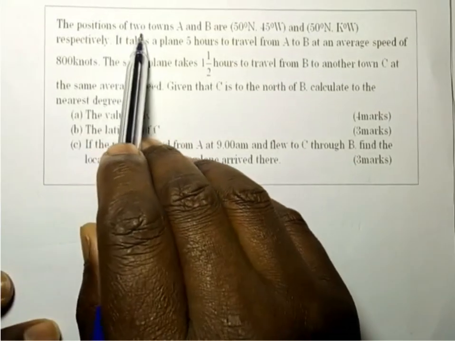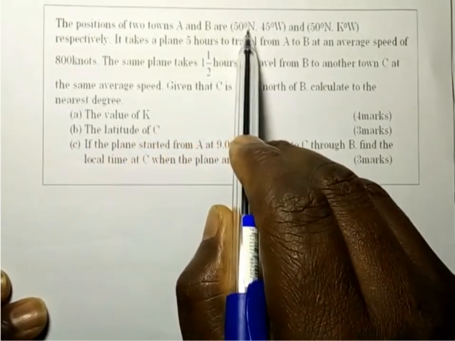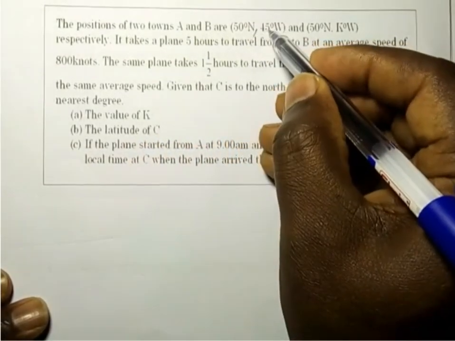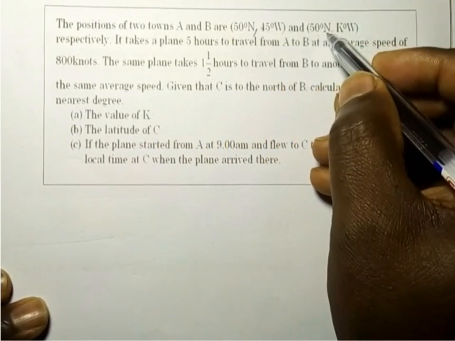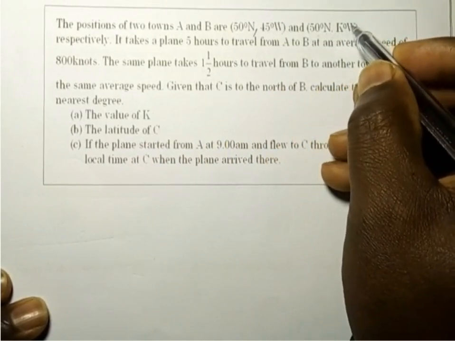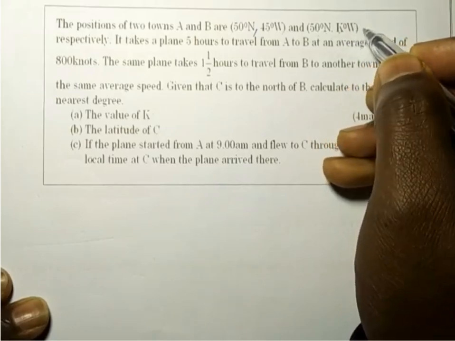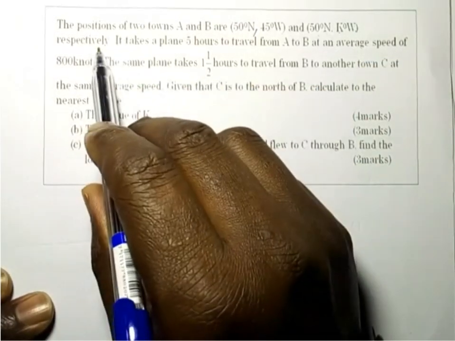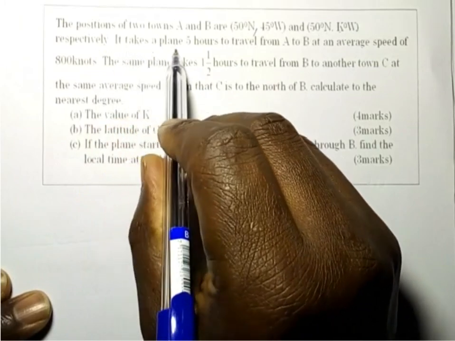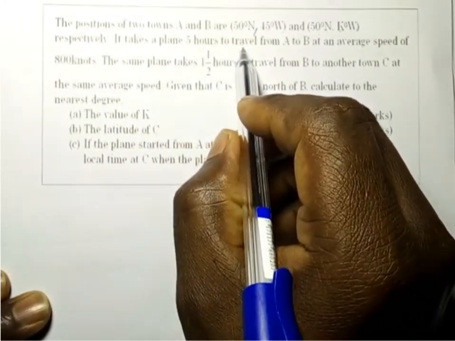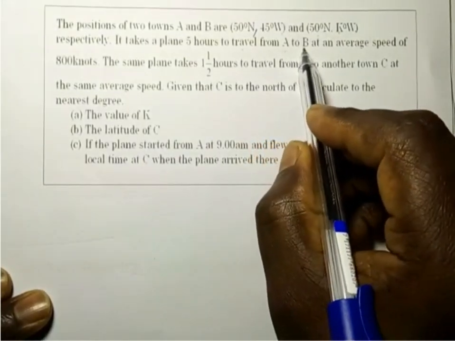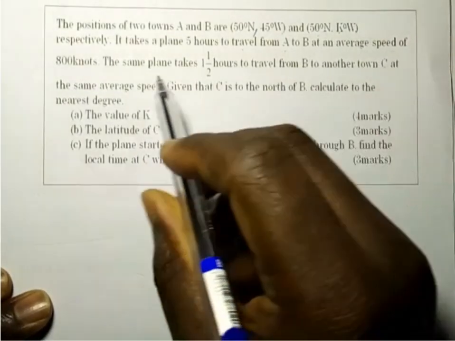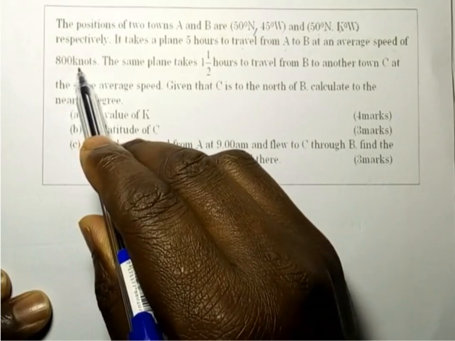The positions of two towns A and B are 50 degrees north, 45 degrees west, and 50 degrees north, K degrees west, respectively. It takes a plane 5 hours to travel from A to B at an average speed of 800 knots.